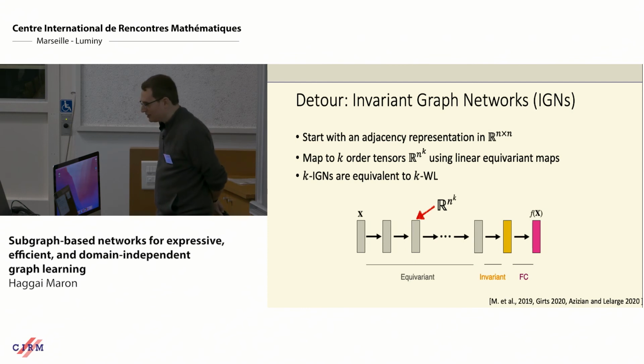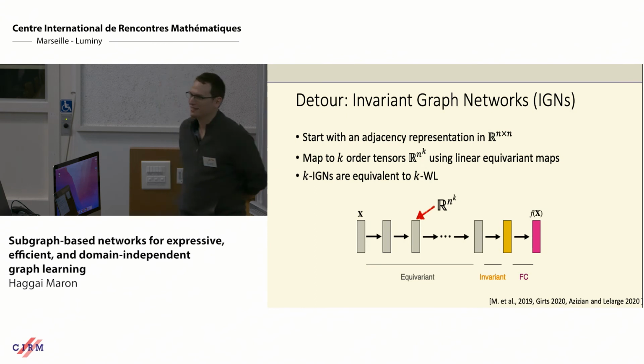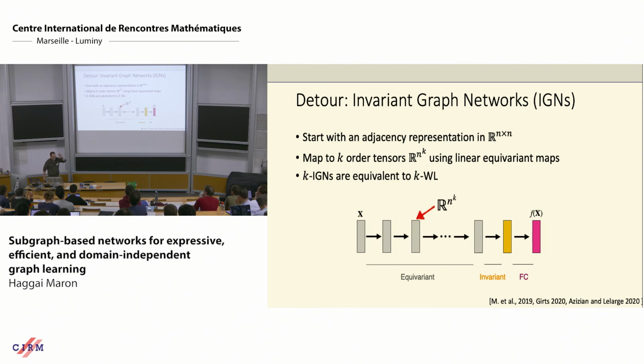People have shown that k-IGNs are equivalent to the k-WL, which is nice because we have 2 seemingly unrelated hierarchies, one of neural architectures and one on the expressive power of a combinatorial algorithm. But it turns out that those 2 hierarchies are exactly related.